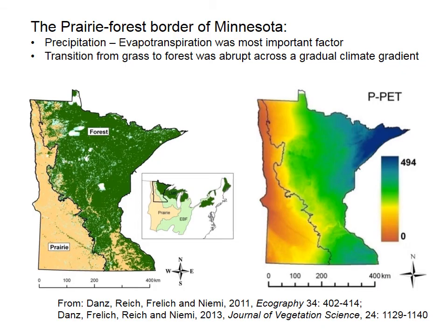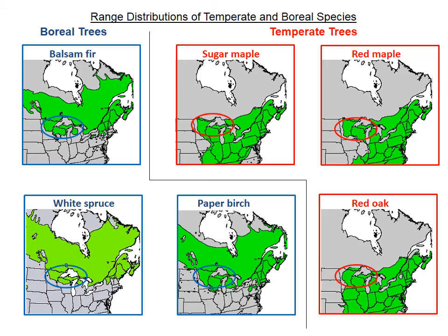Well, as we said earlier, precipitation minus evapotranspiration controls the prairie forest border, and in a much warmer climate there would be a lot more evaporation, so we would expect that zero balance to move to the east. The grasslands would expand in a warming climate. In a lot of our tree ranges, we're right on the edge.